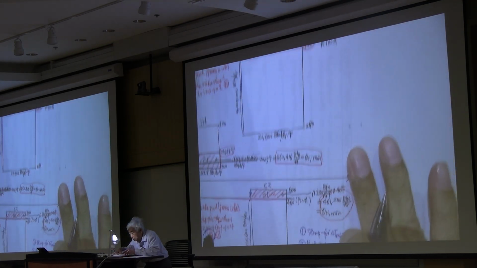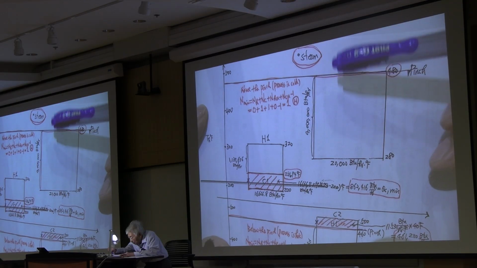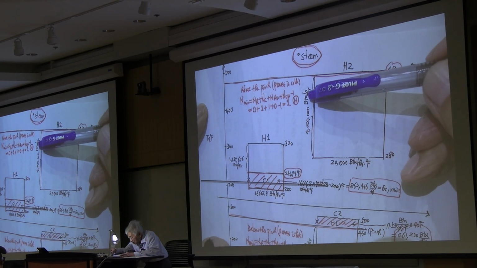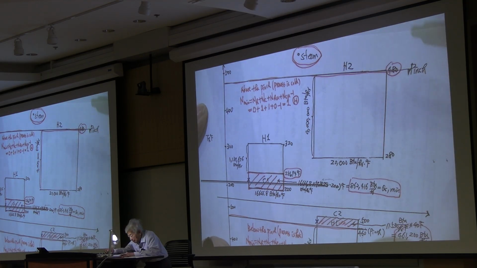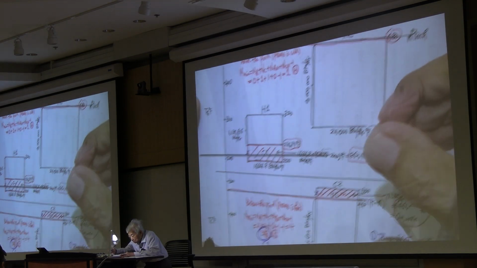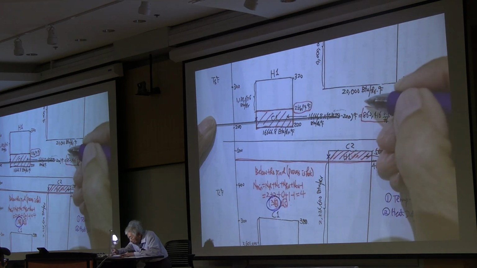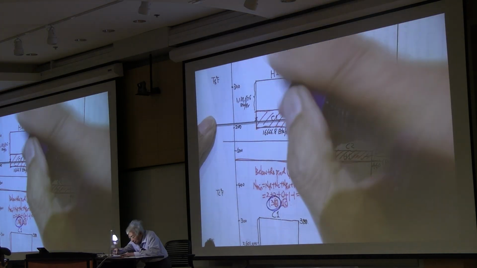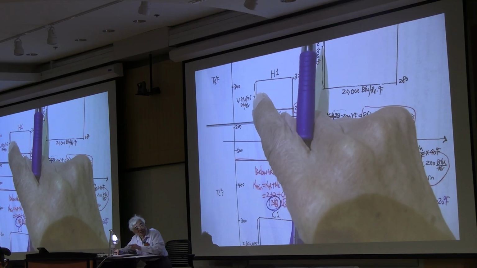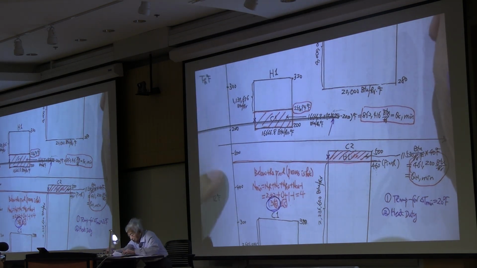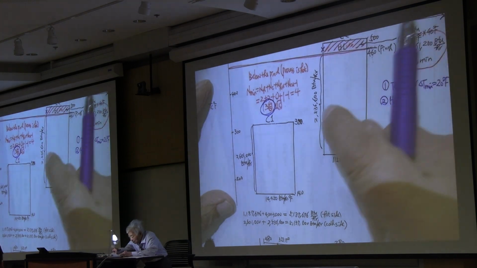So the first thing we do, what is this area? 4 milli BTU per hour. This 251.74. This 1137.676. How about the bottom?